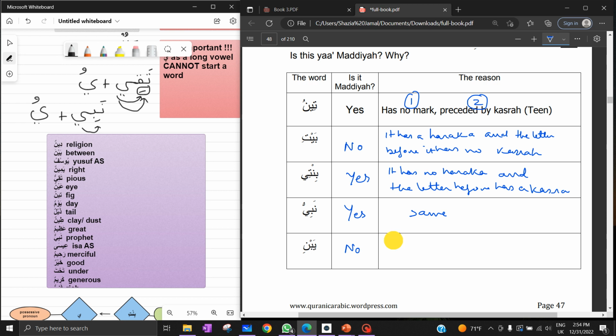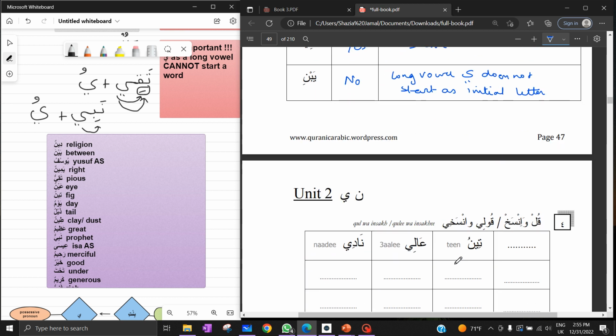Because a long vowel ya does not start as an initial letter. Remember we did it. The initial letter ya long vowel cannot start any Arabic word. So that's why it is not a long vowel.